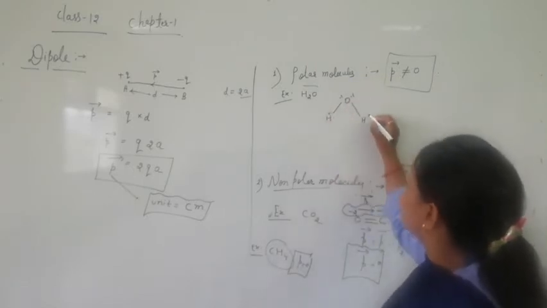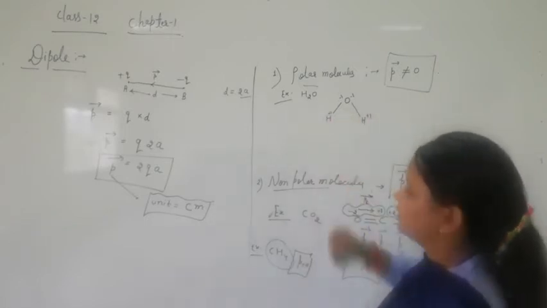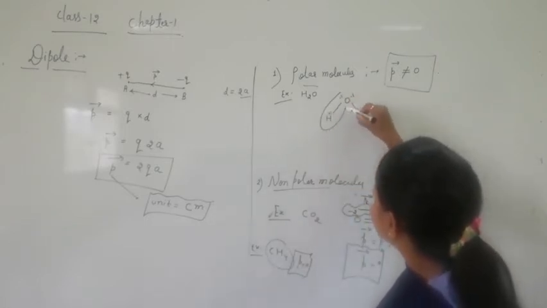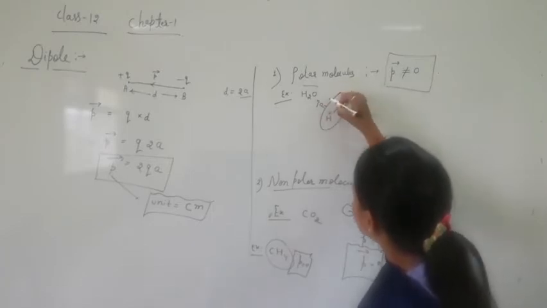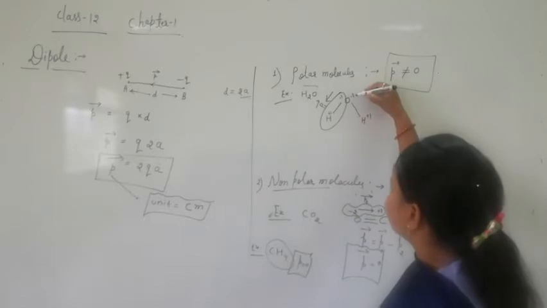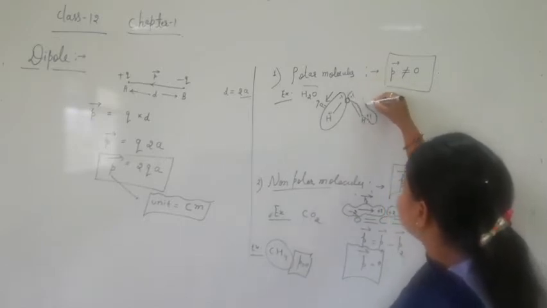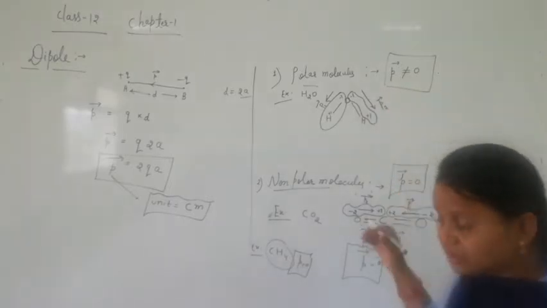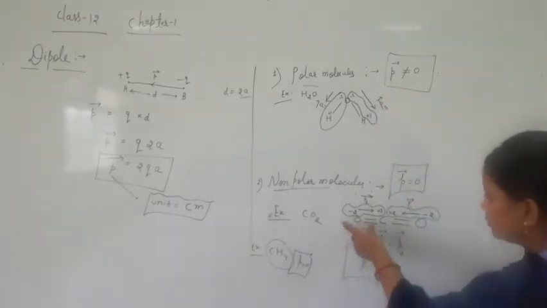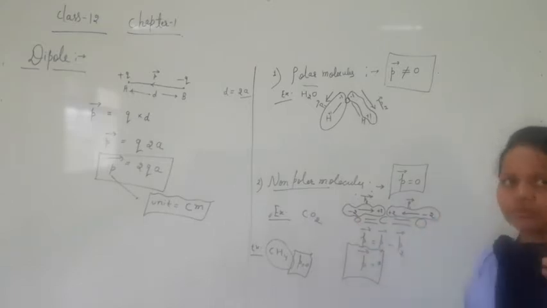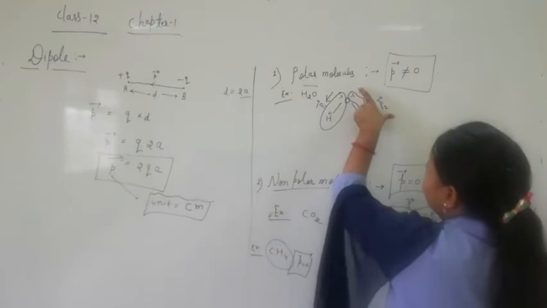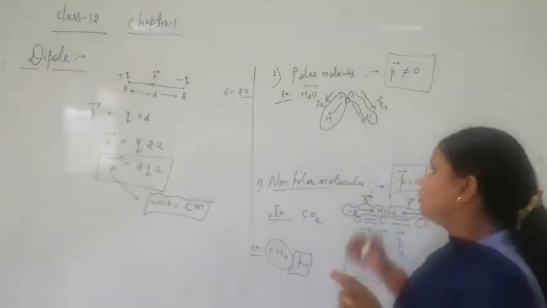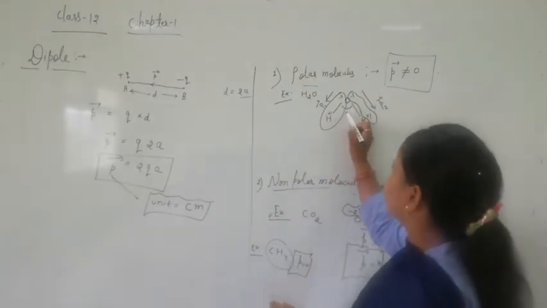Hydrogen has plus 1 valency, plus 1 valency. So a dipole P1 vector is created here, and again minus plus, another dipole P2 vector is created. Similar to CO2, the magnitudes of the two dipole moments P1 and P2 are equal, but they are oriented at some angle theta.